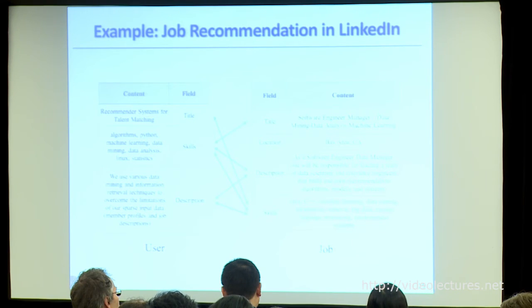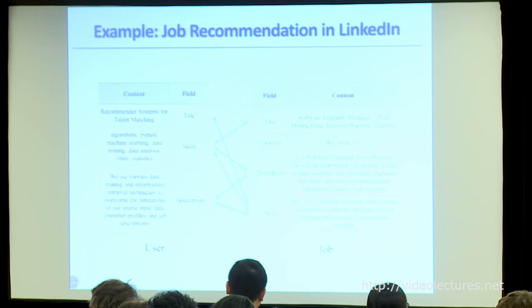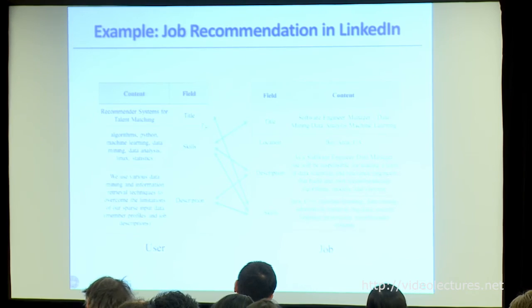We're not computing a global cosine similarity based on all the text. Instead, we first match the fields according to, for example, cosine similarity, and we sum over all the different pair interactions of those fields.